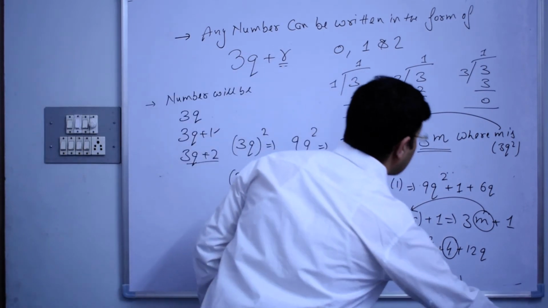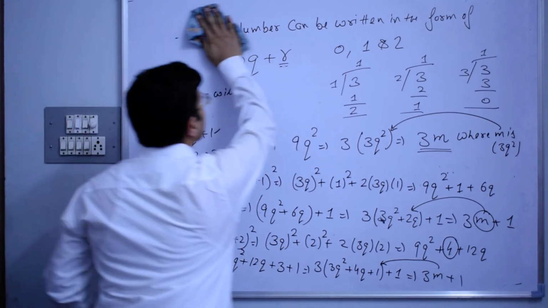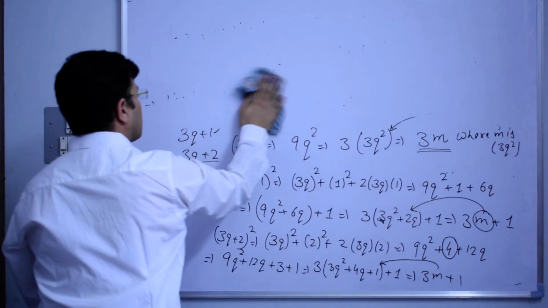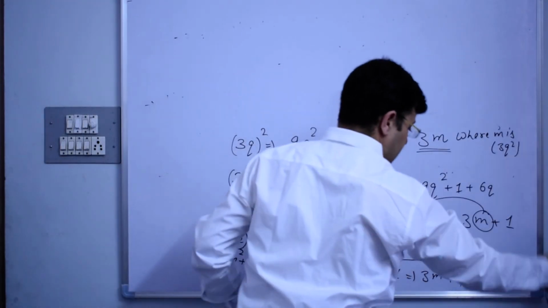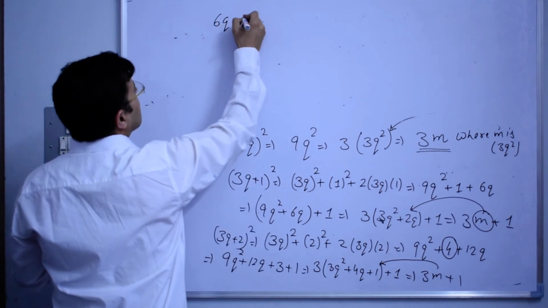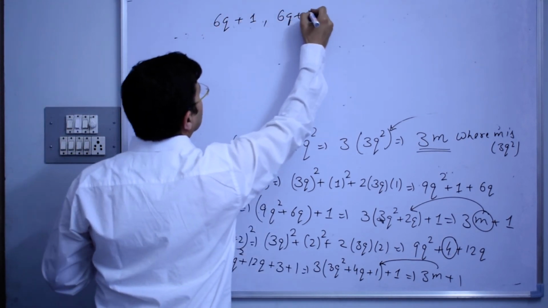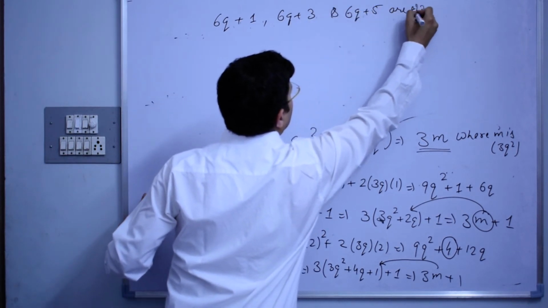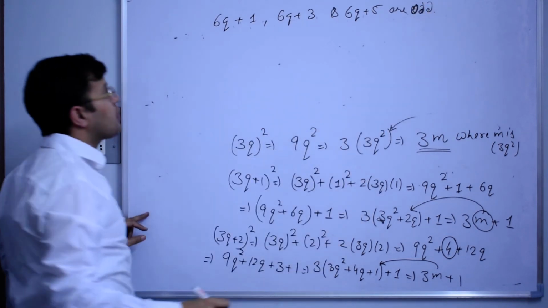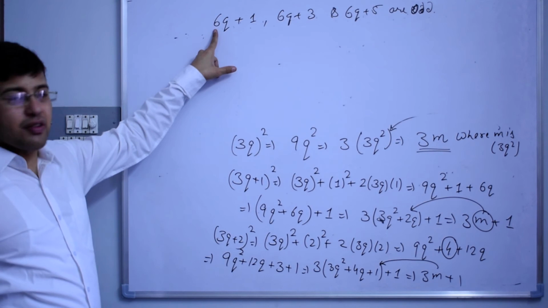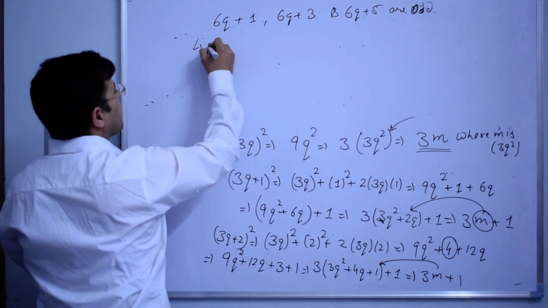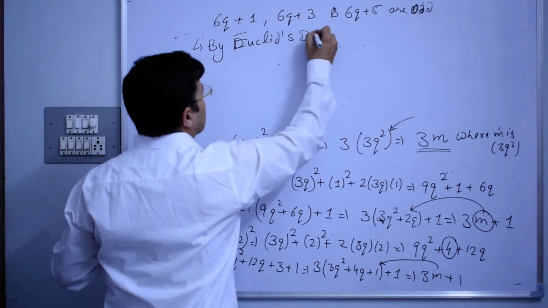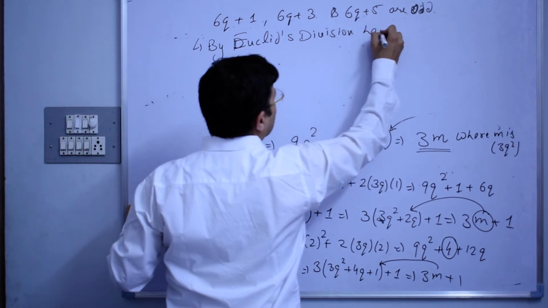Right. Let's see the other question, which says: show that 6q plus 1, 6q plus 3 and 6q plus 5 are odd. Right. So again, now this is 6. So we can write any number by Euclid's division lemma.